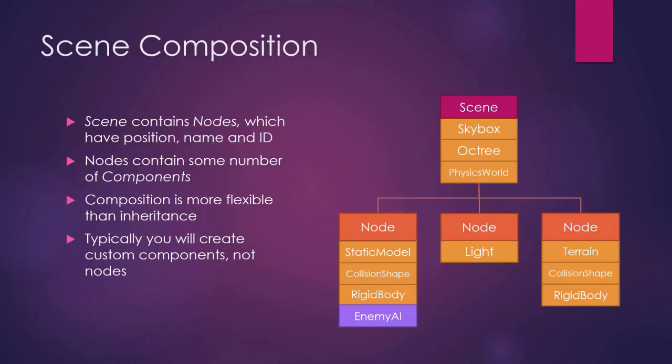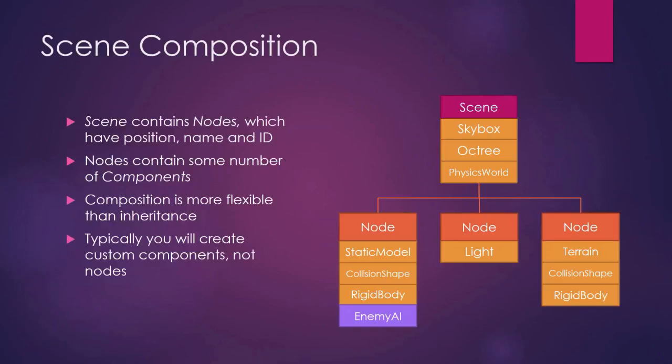Scenes are where you would attach the more global kinds of things, like a skybox. There are also some fundamental components you need to have on your scene, like if you want to be able to render it, you need an octree, which subdivides space and allows the renderer to efficiently find nodes within that space.